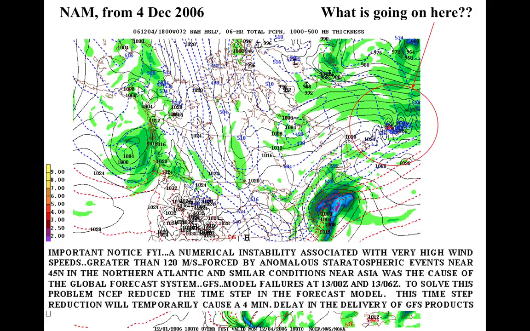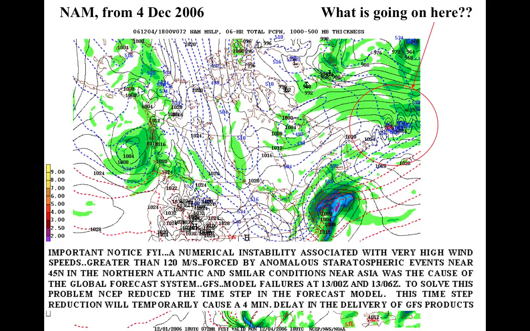Well, you can look at the comments here from NCEP in a publication that they put out related to this. Important note: numerical instability associated with very high wind speeds, greater than 120 meters per second, forced by anomalous stratospheric events, caused these numerical instabilities. These waves were not real, but they occurred in our simulation because of too big of a time step. Parcels of air were moving through our grid cells before a time step could occur.